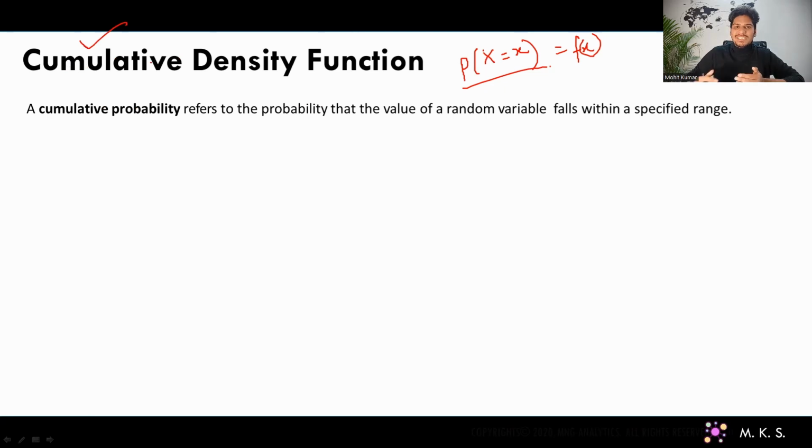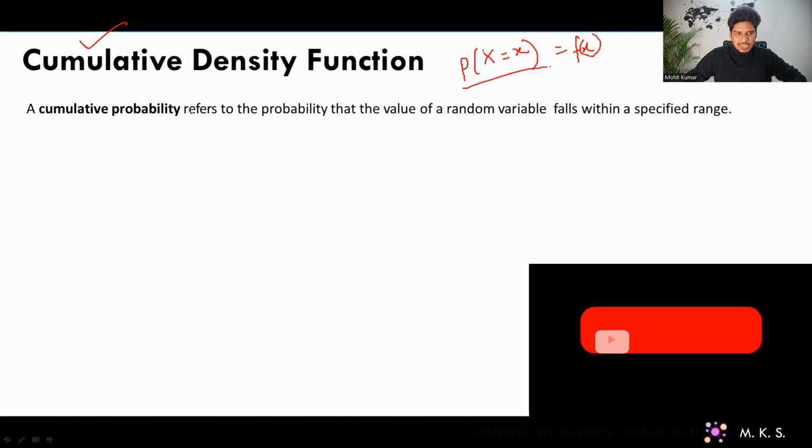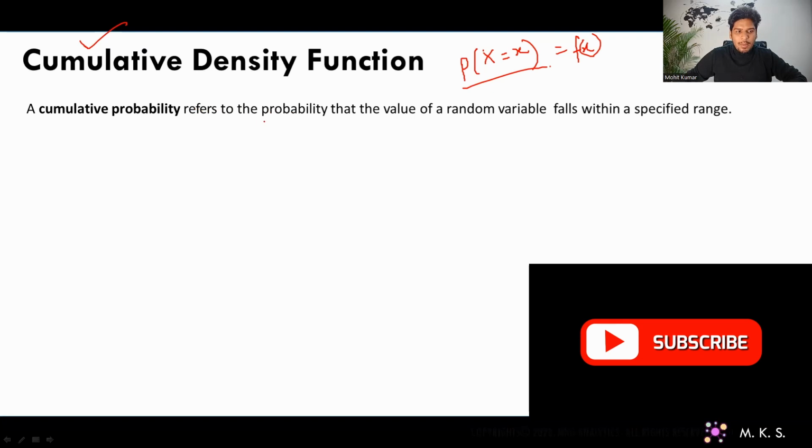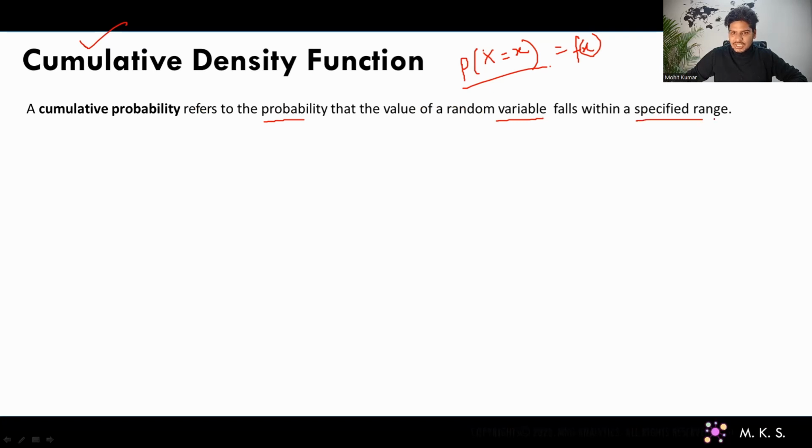And cumulative means less than a particular value, you have to sum all those, right? So cumulative probability density function refers to the probability that the value of a random variable falls within a specified range, and that range is basically less than a particular value, right?